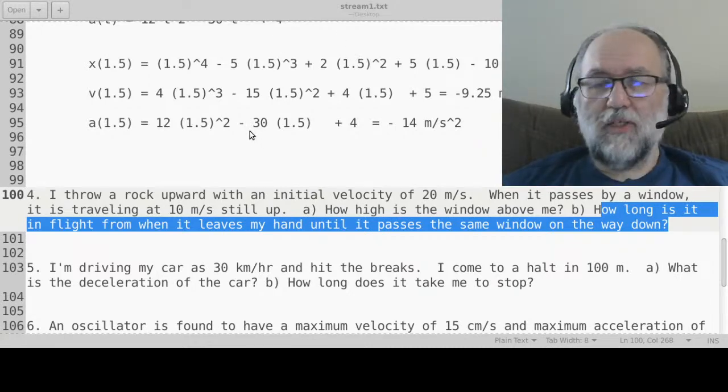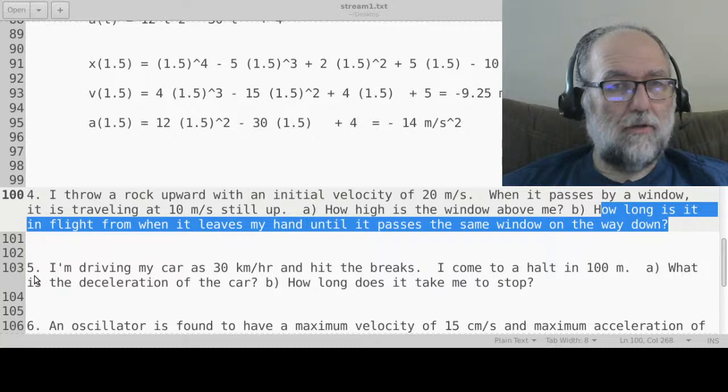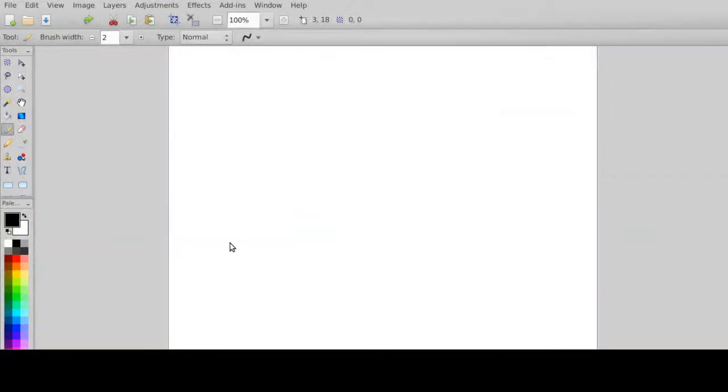It's worth drawing a picture, so let's switch to this here. There's a building, and I don't know how high the building is. It doesn't really matter that much. There's a window here like that, and I'm down here at ground level. I won't draw me, but there's the rock in my hand at ground level.